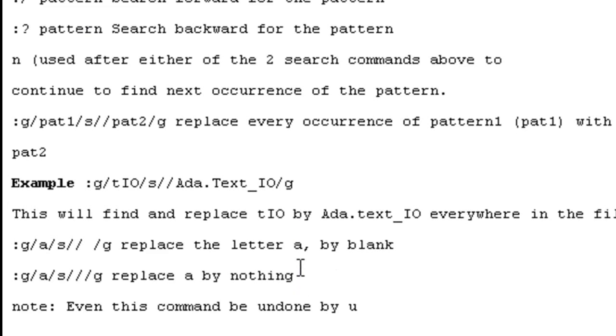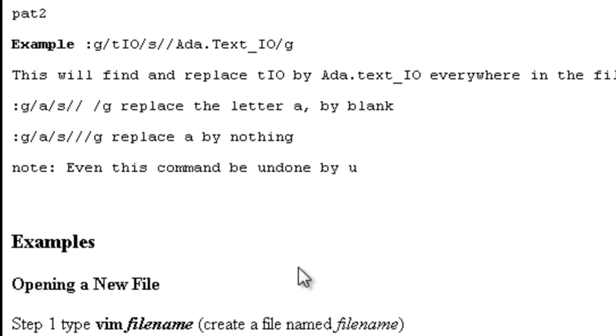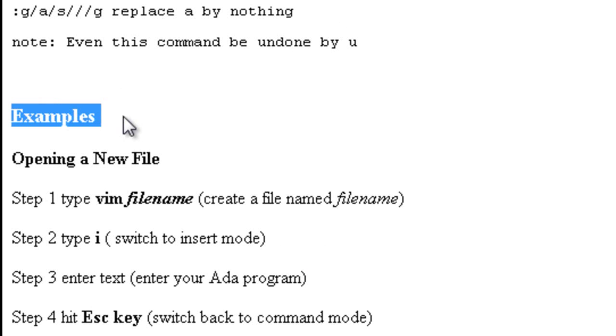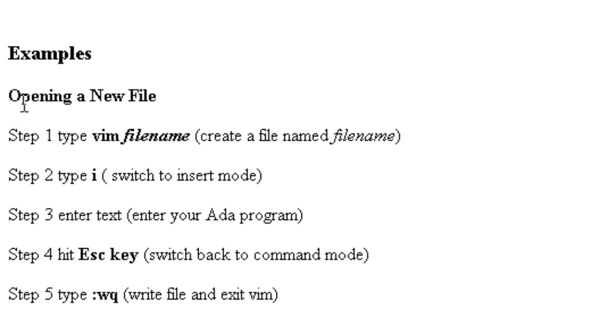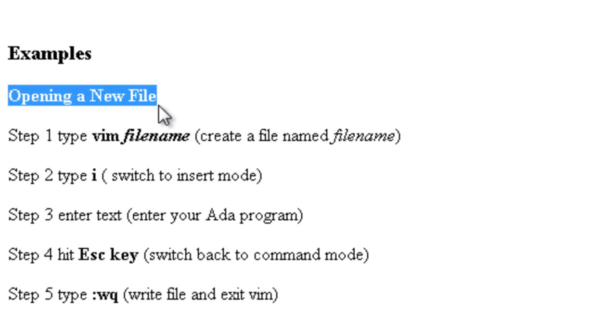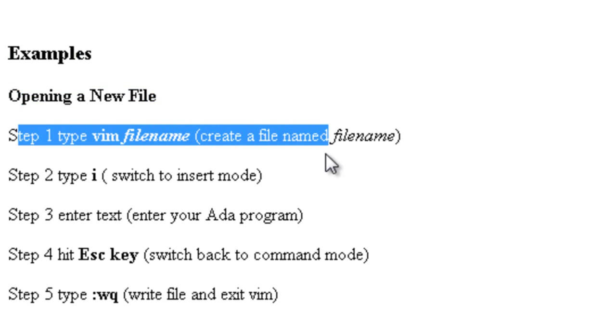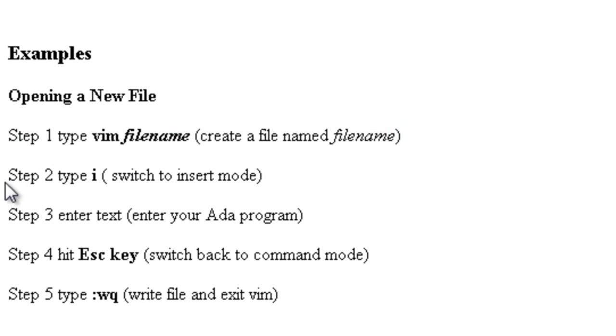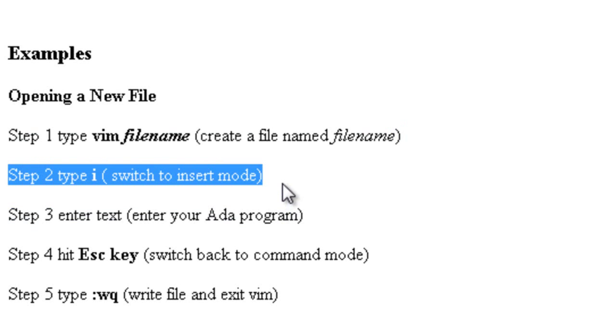Here is an example of opening a file or creating a new file. How can we use VIM? The first step is to write vim followed by the file name, whichever file we want to create. Then, for inserting, we press the I key and we will be in insert mode.